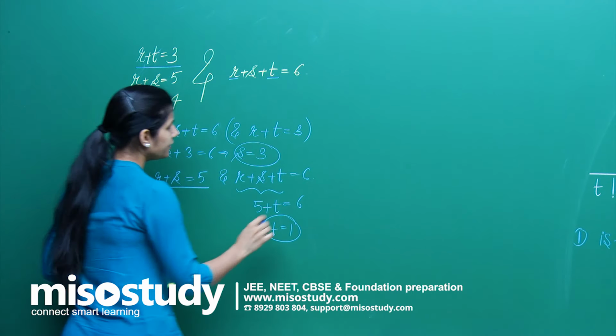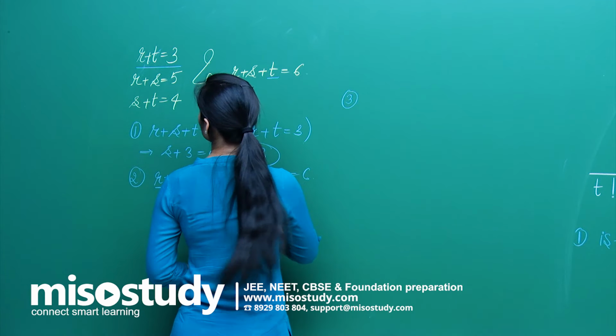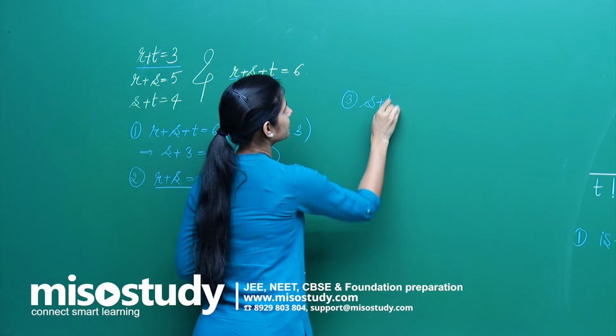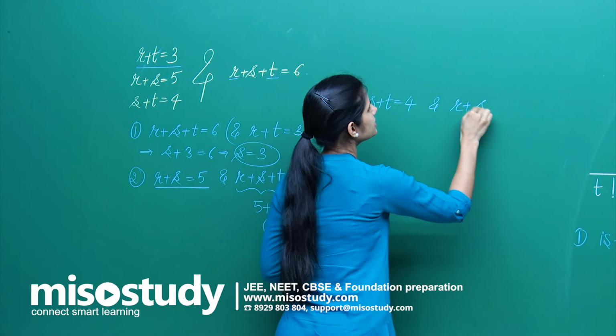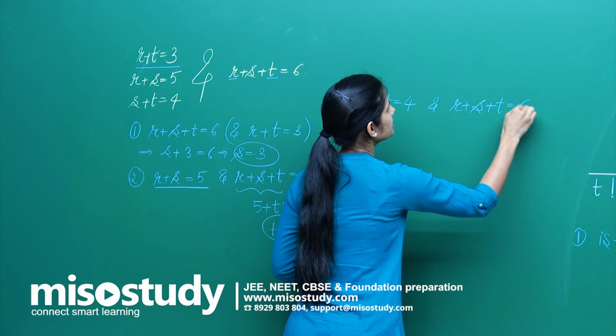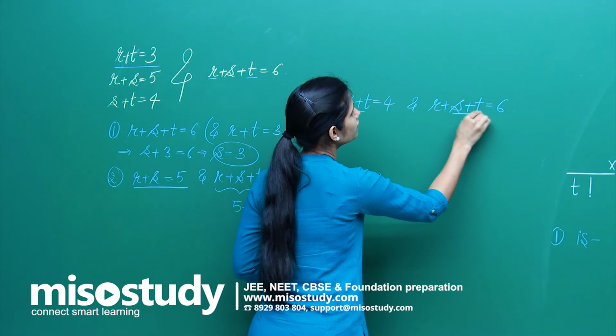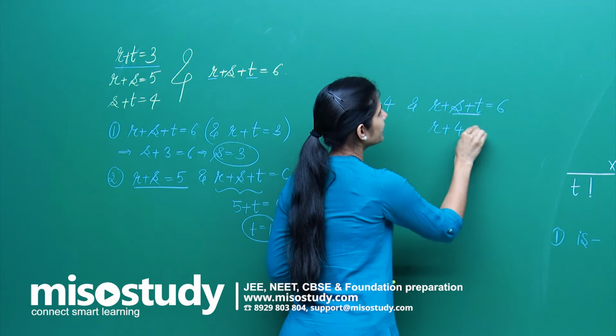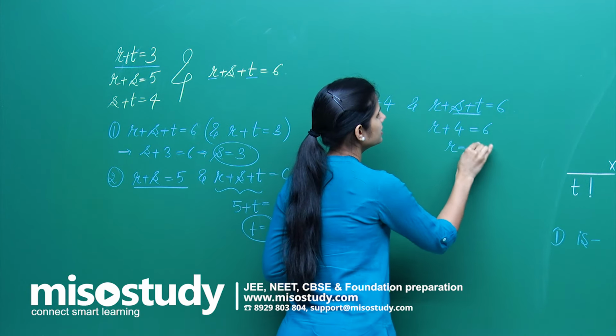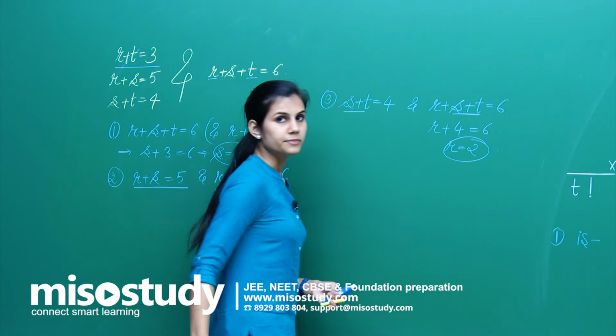And in the end I have s plus t is 4 and r plus s plus t is 6, so I can write this as r plus 4 equals 6, so r is 2.